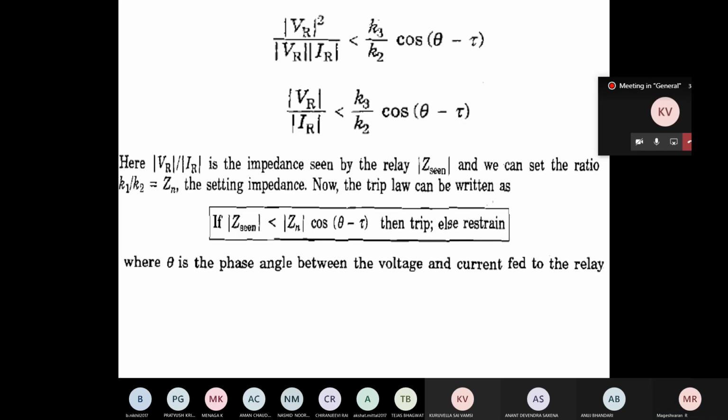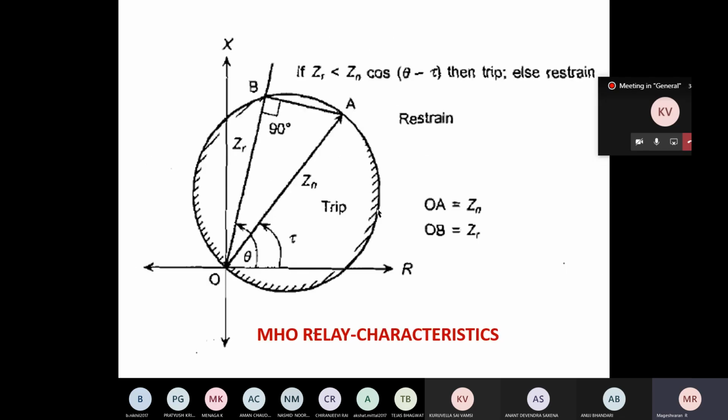Thereby it is not a simple circle covering all four quadrants in its characteristics. It will be a characteristic like this.